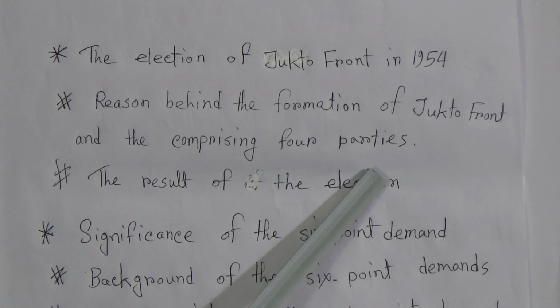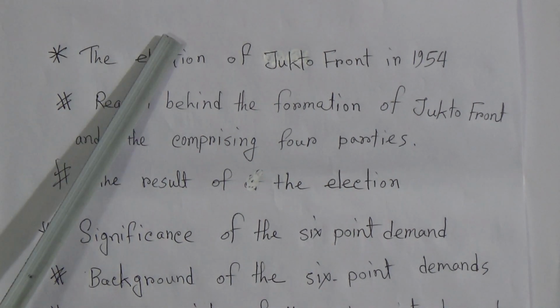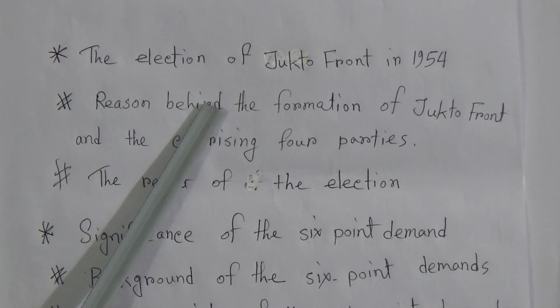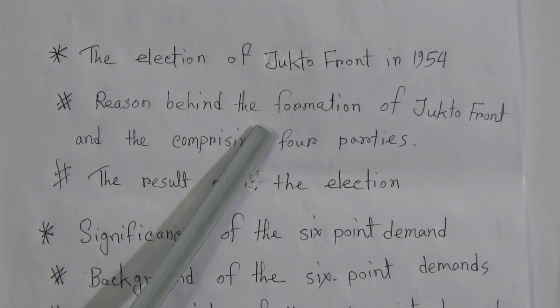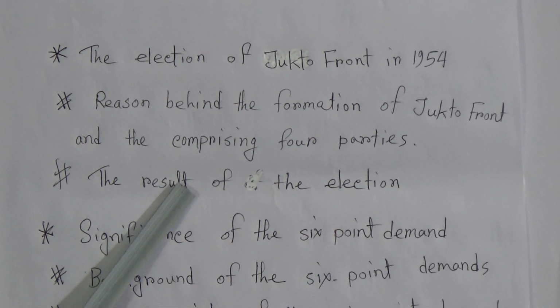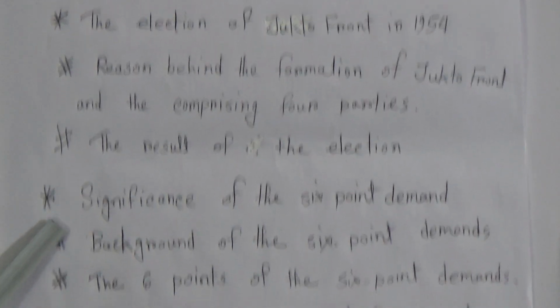The 4 parties were the Awami League, the Krishok Shromik Party, the Nizam-e-Islam, and the Ganotantri Dol. Okay, these are the 4 parties, and you have to write the result of the election also. How many seats did Yukta Front get in the election?